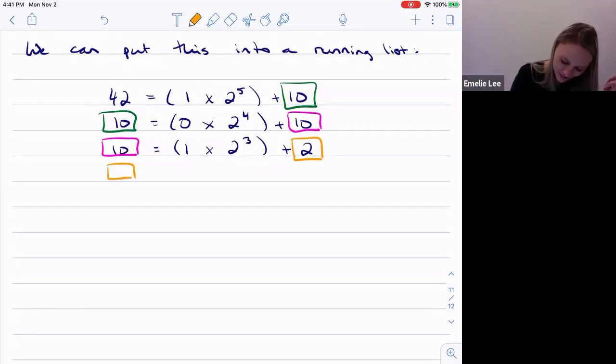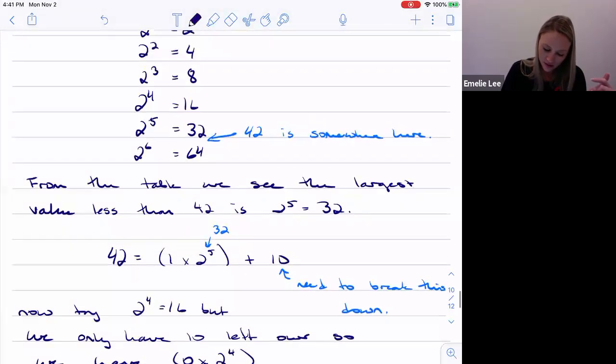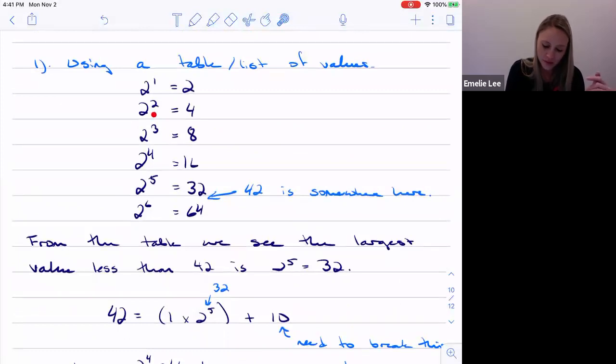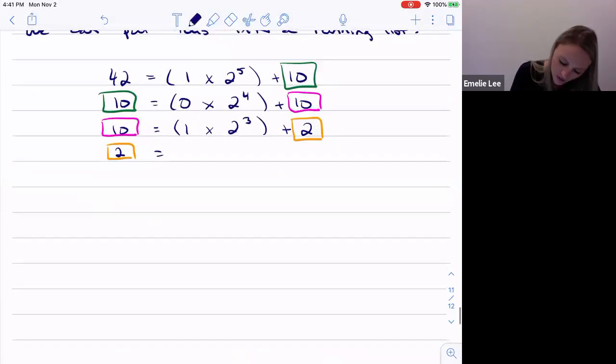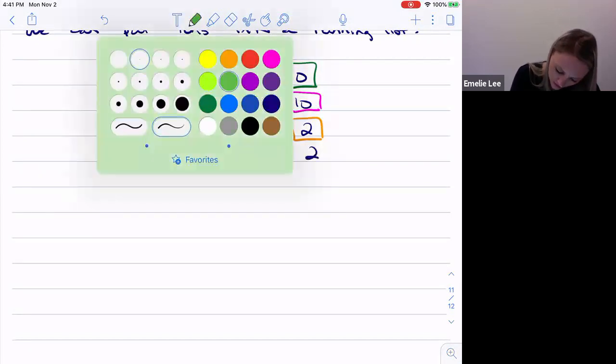So now we deal with this 2. Don't forget about 2 to the power of 2, which is 4. Again, I'm not able to squeeze 4 out of just 2. It's confusing because it's 2 base 2, but what we have is 0 times 2 to the power of 2 plus that 2 is still left over.